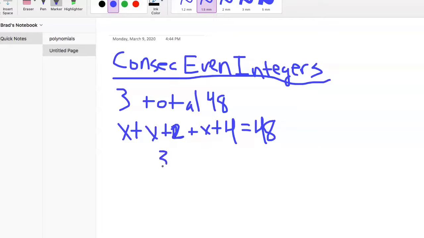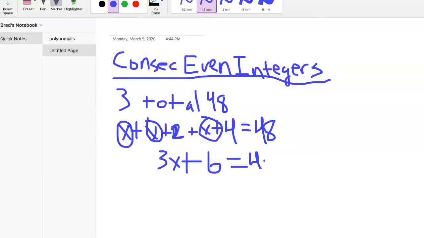So we have 3 x's here. One right there, one there, one there. 3 x's, and 2 plus 4 is 6, so we have 3x plus 6 is 48.